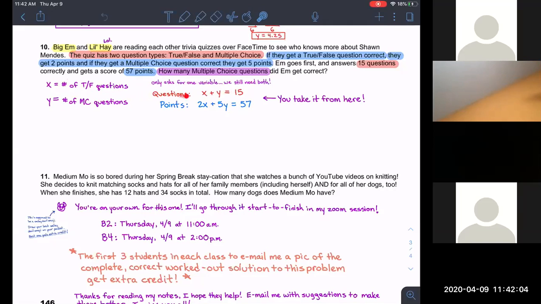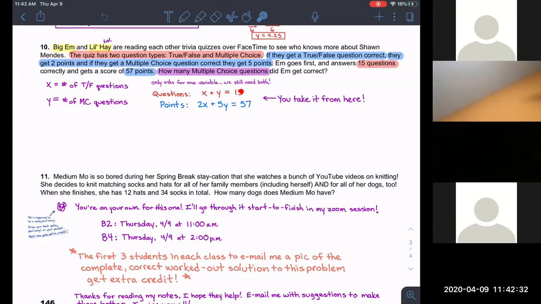Okay, so just like in number 11, the medium Mo problem, our 2 equations are going to be based on the number of questions that M answered and the number of points that she got. So the number of questions, if there's only 2 types of questions on the quiz, then if you add them up, you should get the total number of questions that she answered correctly.